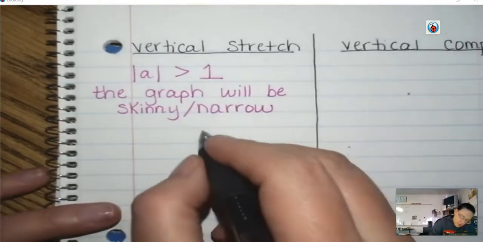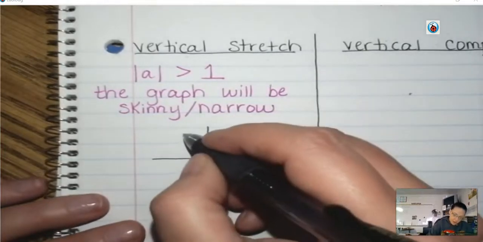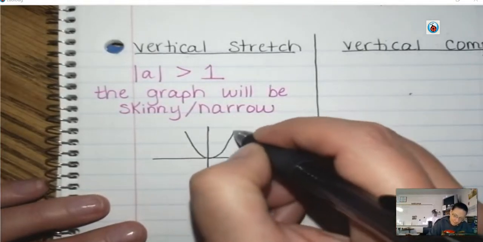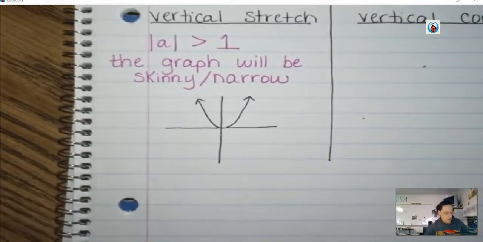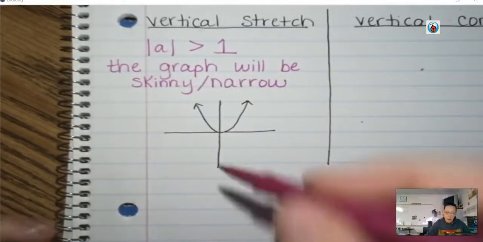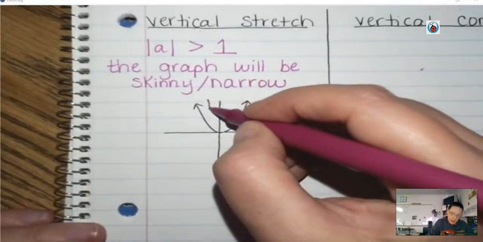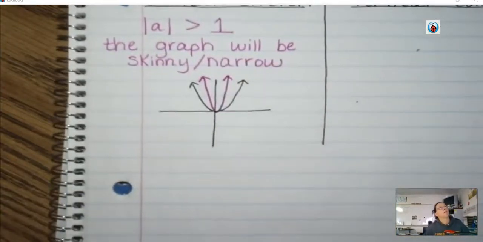So when I have a normal quadratic, like just the normal y equals x squared, it looks like this. But if I put in an a value that is greater than 1, it's going to make the graph get really skinny like this. The bigger the number, the skinnier it gets.